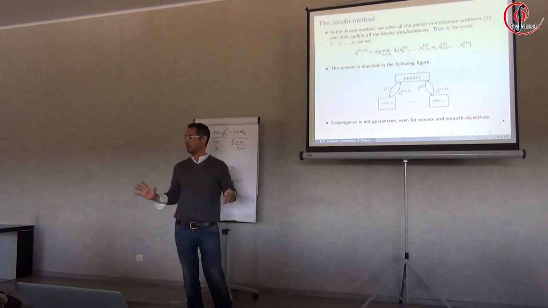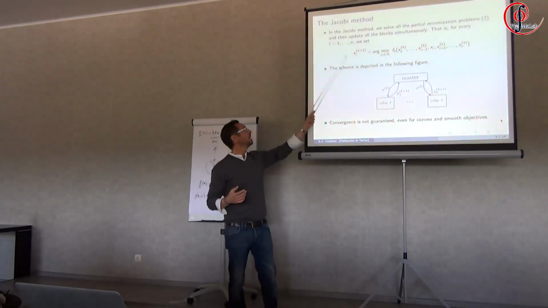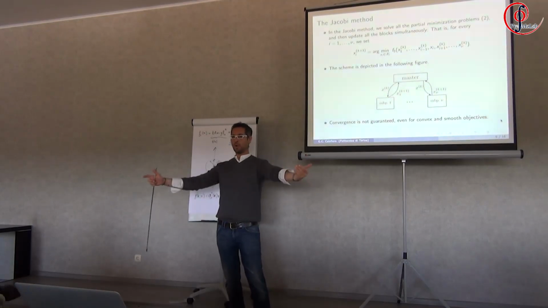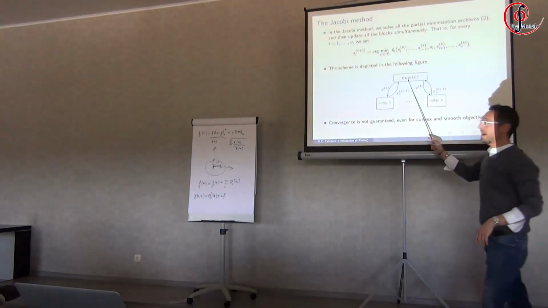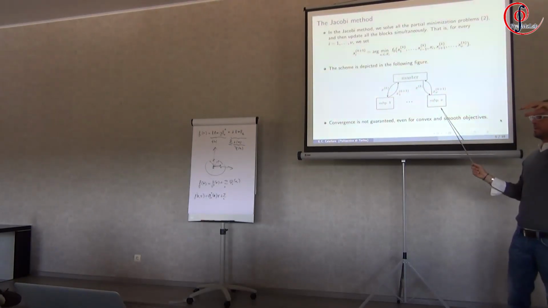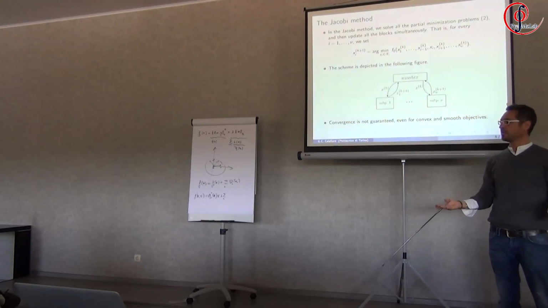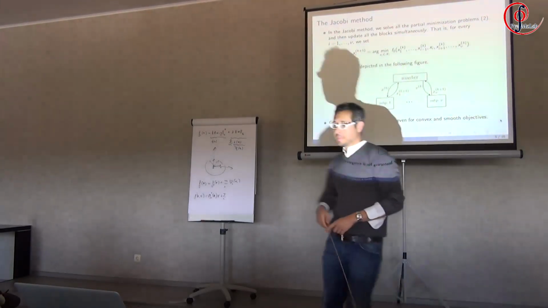It means that a Jacobi method can be fully parallelized. You have workers, this is the picture exactly. A master passes the sub-problems to a lot of different workers. Each one independently solves the problem and then brings back the solution to the master. So this is fully parallel.